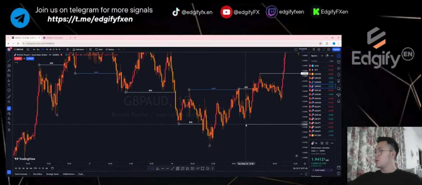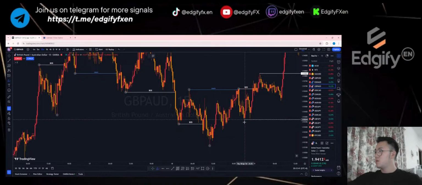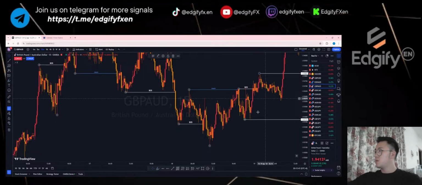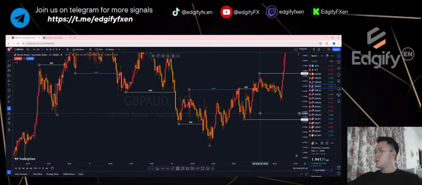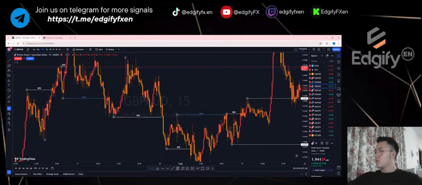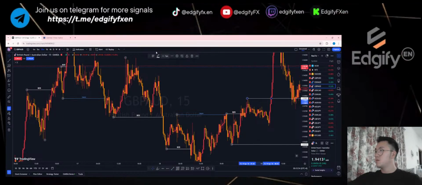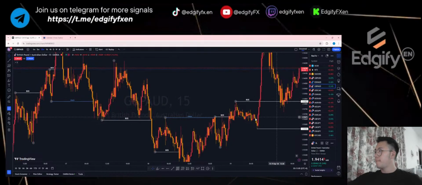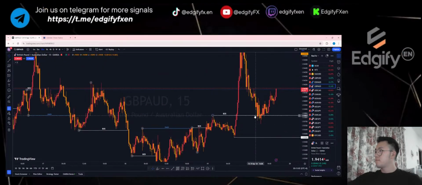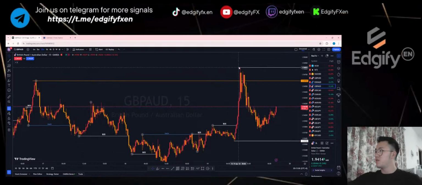I'll be looking at a low at this level. And it continued again, once again here, up until the current high, which is here on the 15.